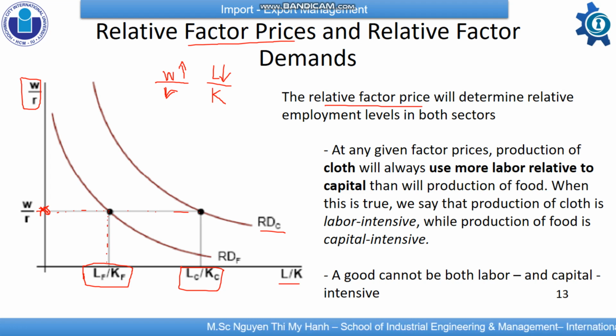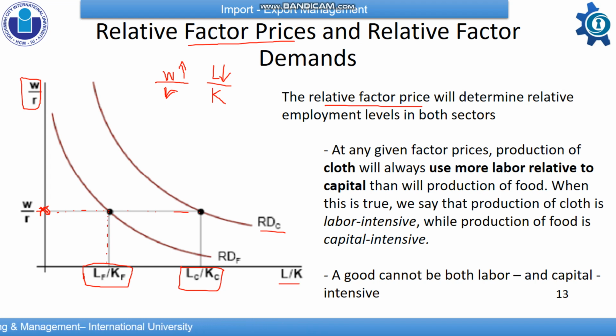We can conclude that the production of cloth will always use more labor relative to capital than the food production.